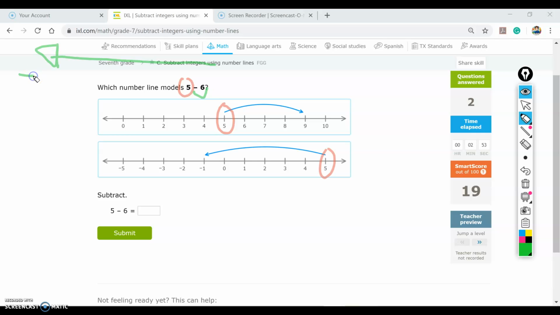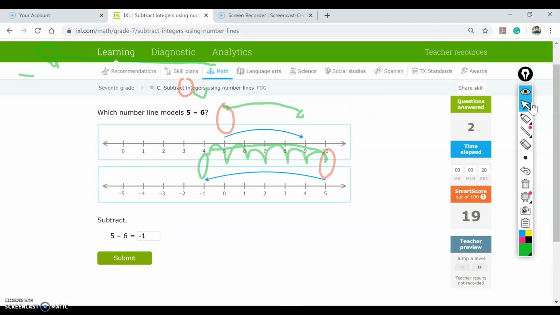If you think the first would be the answer, that's not correct, because the arrow is going to the right, and this one is actually going to the left. How many units? 6 units. I would count 1, 2, 3, 4, 5, 6, and it ends on -1. That means 5 and -6 is -1. The line would be the second one.